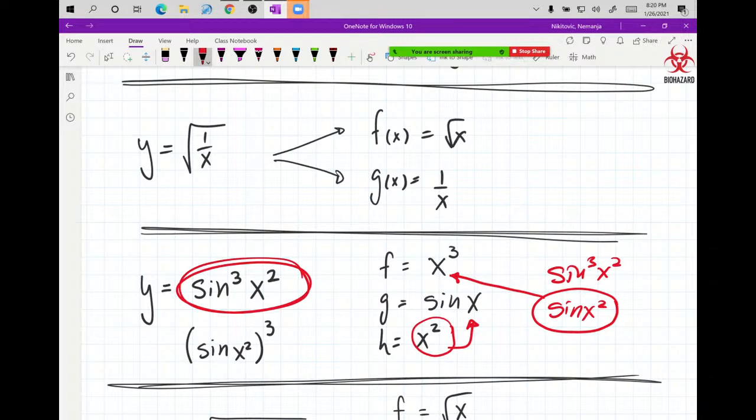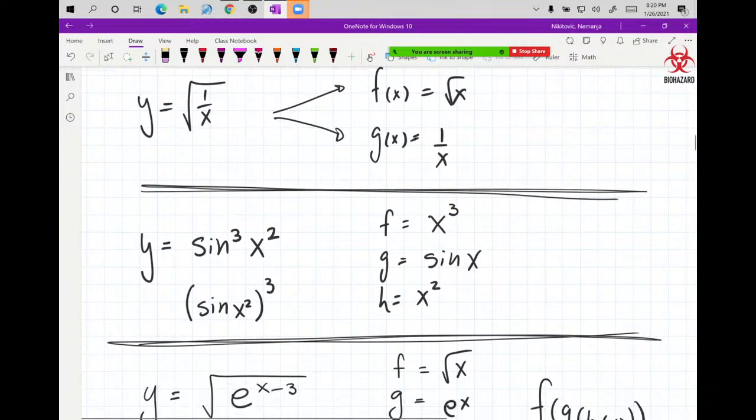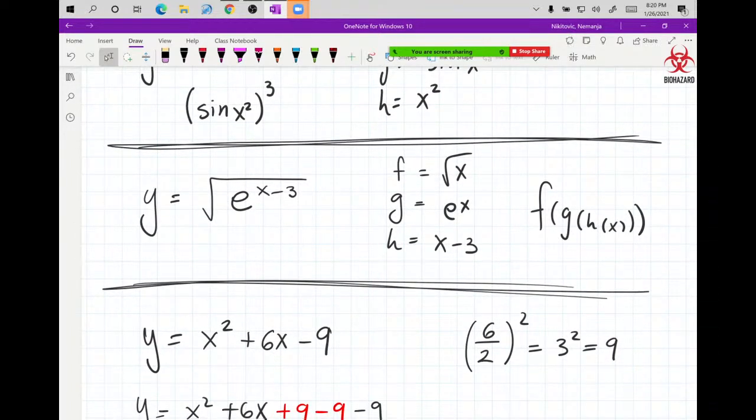How many can you compose? As many as you need to. So these are concepts that are not going away. Here is the function g of h, a triple composition. Now we're going to talk about it next class.